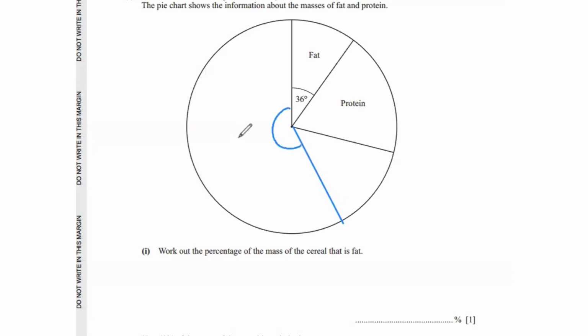So this will be your carbohydrate. Obviously, you will draw it accurately with your compass and all. But as an estimate, this would be your carbohydrate section.